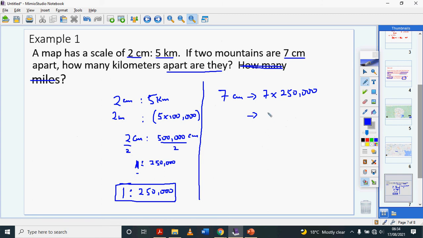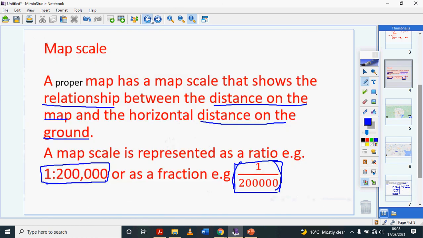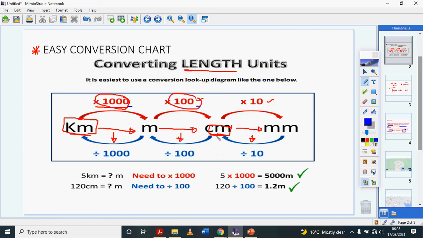So when I multiply 7 by 250,000 on my calculator, I have 1,750,000. This answer is in centimeters. If I want to change it from centimeters back to kilometers, I divide by 100, then I divide by 1,000.